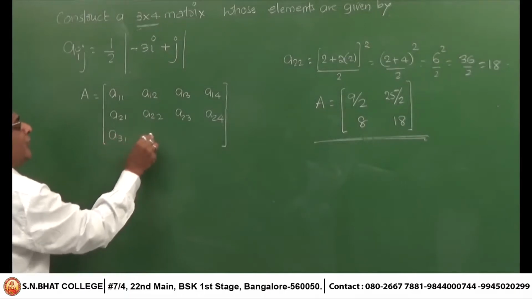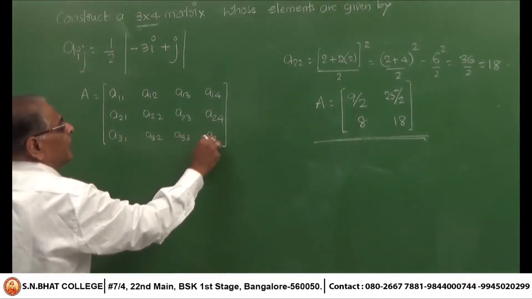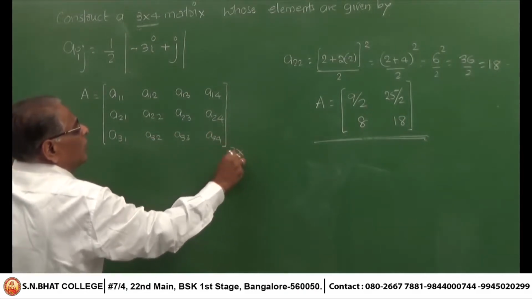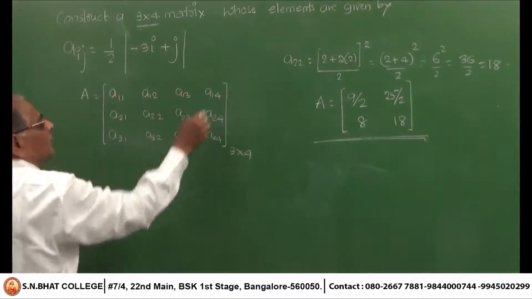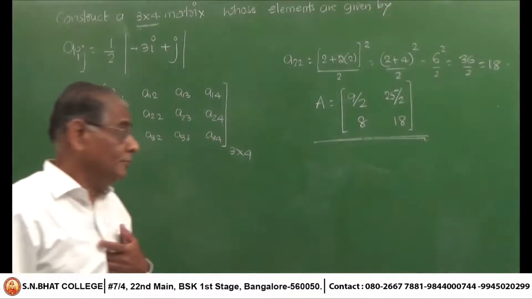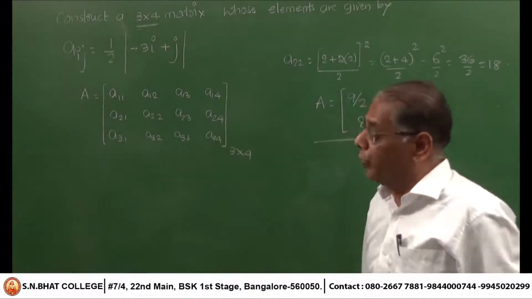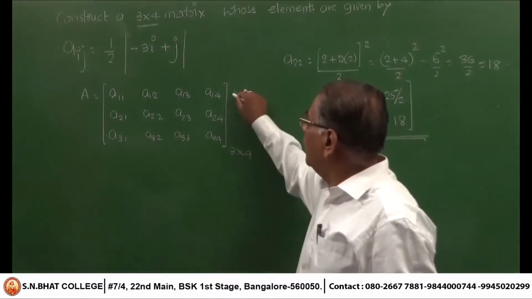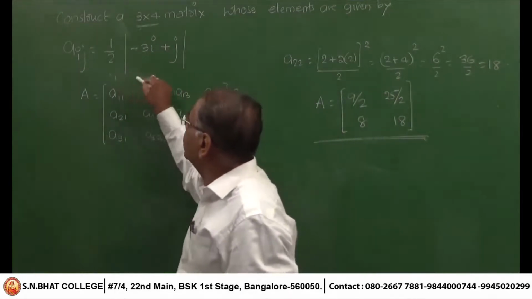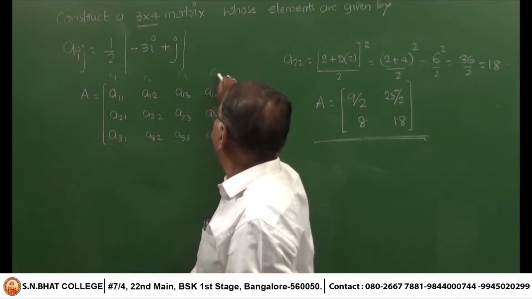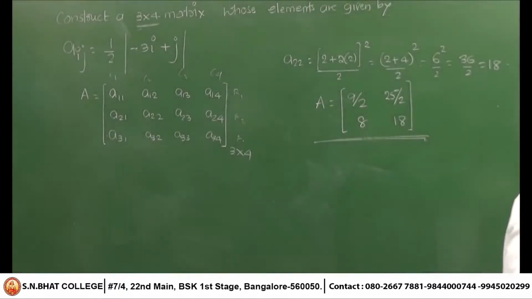The third row is A31, A32, A33, A34. It has 3 rows, R1, R2, R3, and 4 columns, C1, C2, C3, C4. This is an example of a 3 cross 4 matrix.